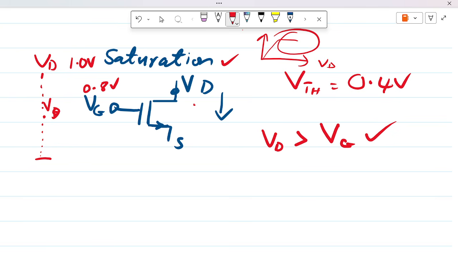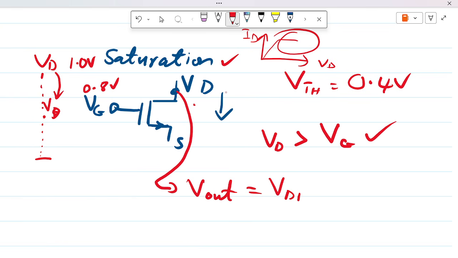This VD against ID. Okay, what if the drain voltage reduces? We remember from BJT that as an amplifier, our output voltage sensed from here is going to be equal to VDD minus RD times ID.